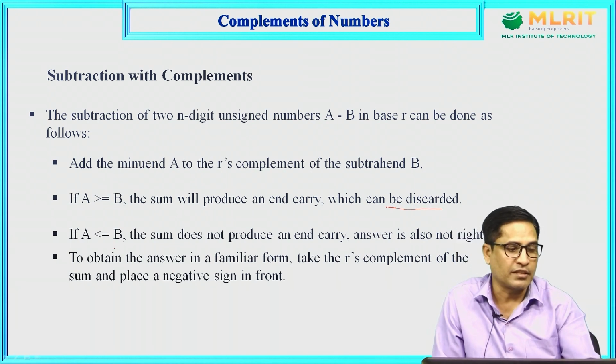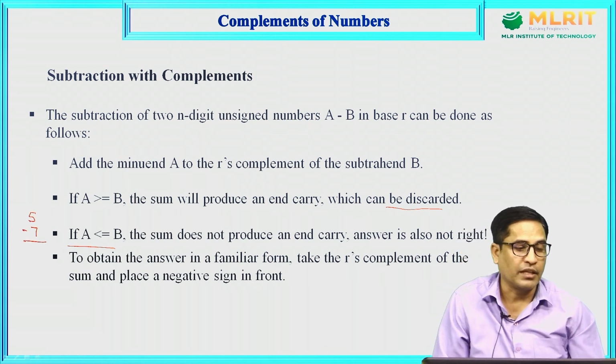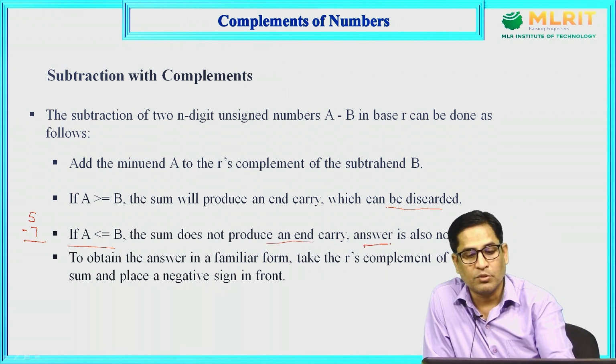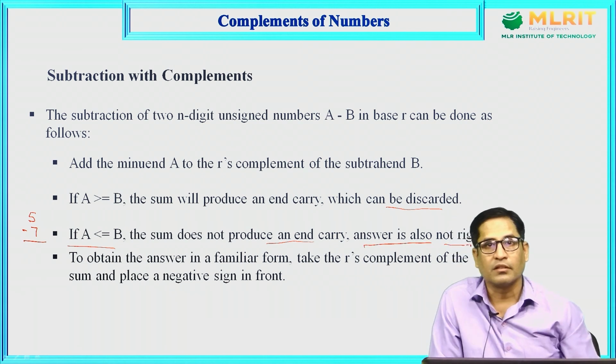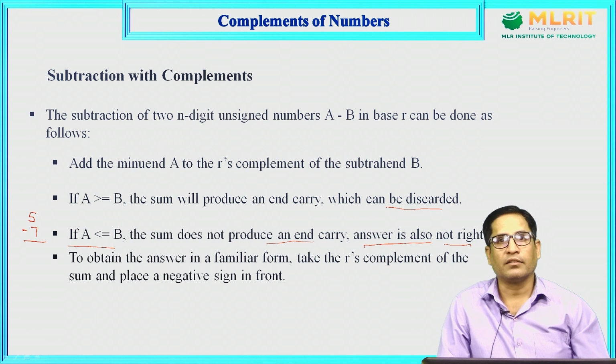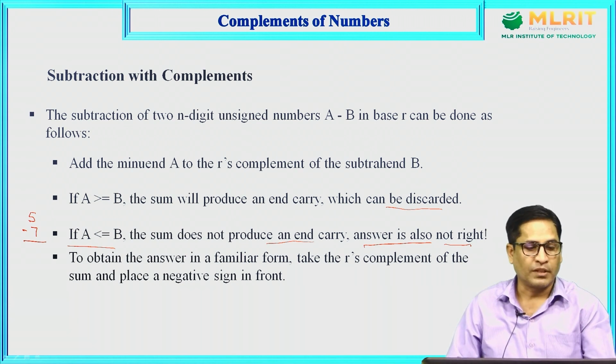If a is less than b, suppose 5 minus 7, here a is less than b, so it does not produce an end carry, but please note that the end result is also not accurate. What we have to do to obtain the right answer in familiar form is take the r's complement of the sum and place a negative sign in front.